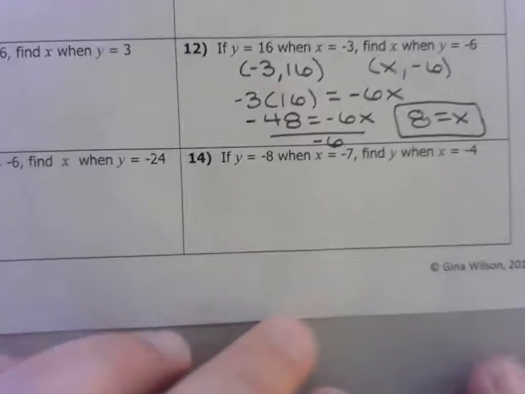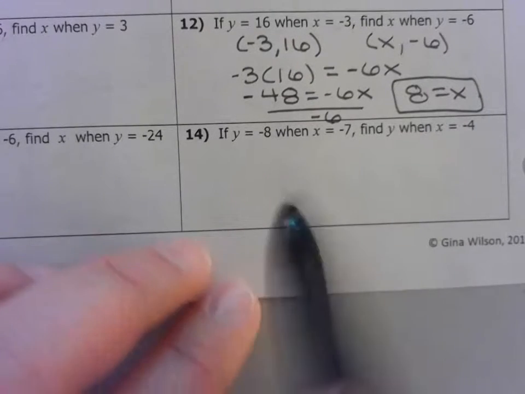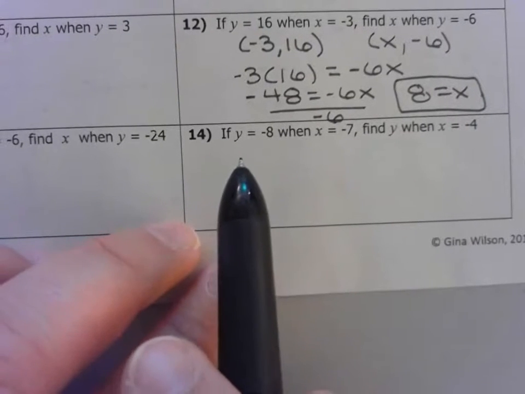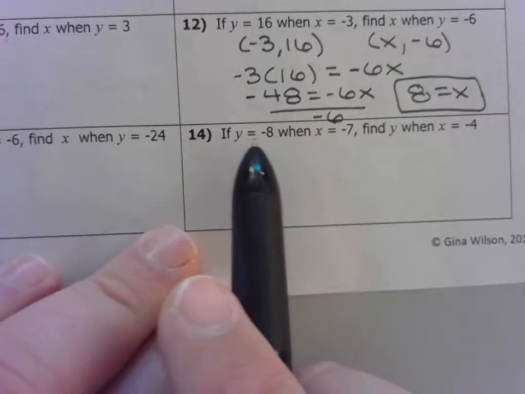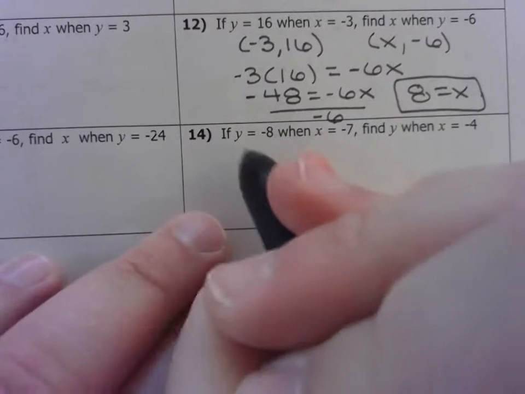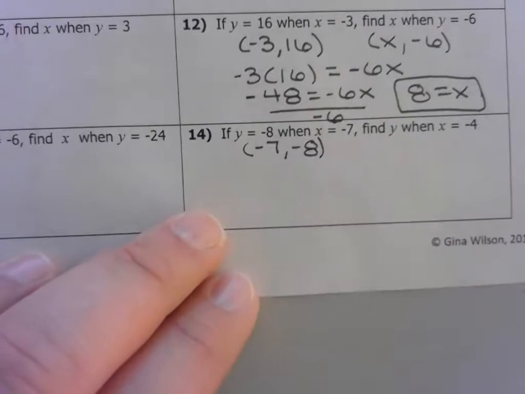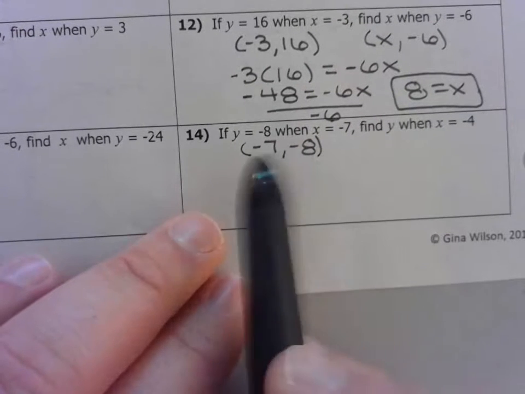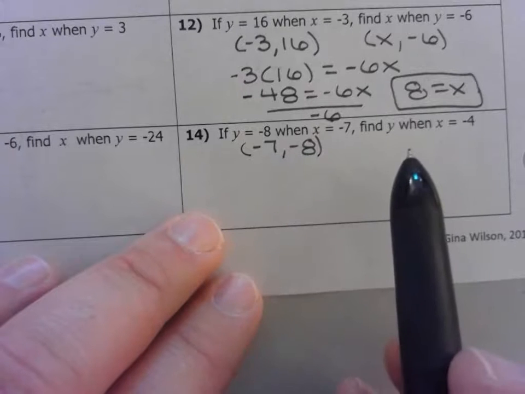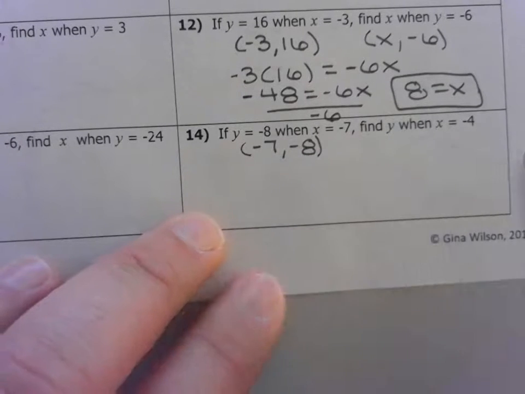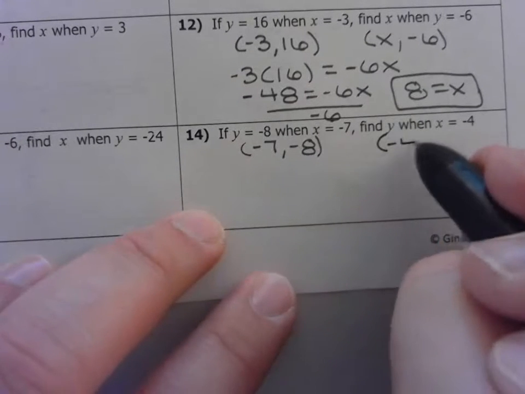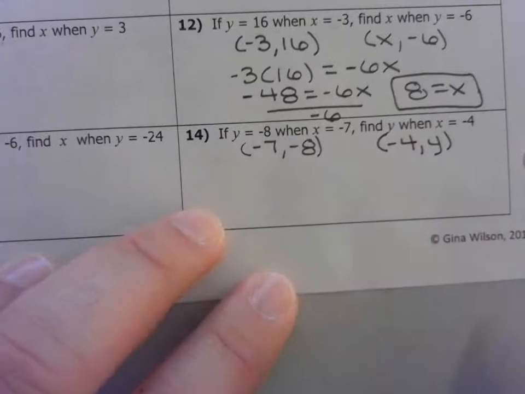Okay, let's look at 14 real quick, and then we'll be done. First of all, it writes it out weird. Make sure you check the order. If y equals negative 8 when x is negative 7, your ordered pair is negative 7 comma negative 8. That's the biggest issue I see with these. Make sure you put x comma y. The second ordered pair: find y when x is negative 4, so negative 4 comma y.